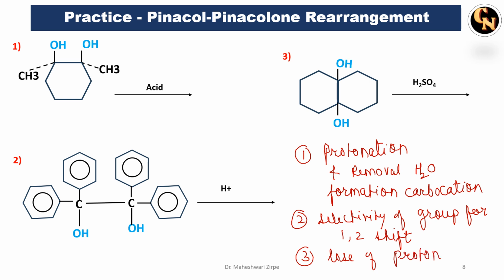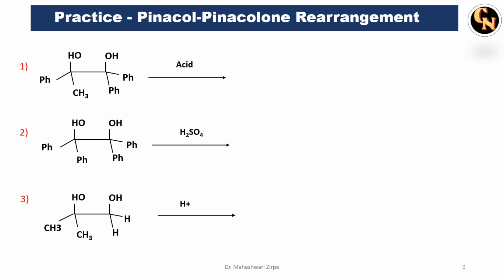So after loss of proton, you will get a ketone. If you follow these 3 steps, you can get the answers of all these 3. And even in the first video, whatever I have given for practice, that also you can do. You can even see the link above to join and see the first video of the rearrangement series.